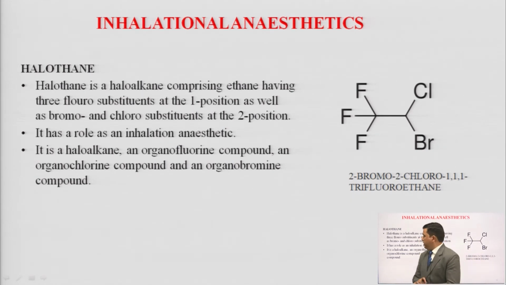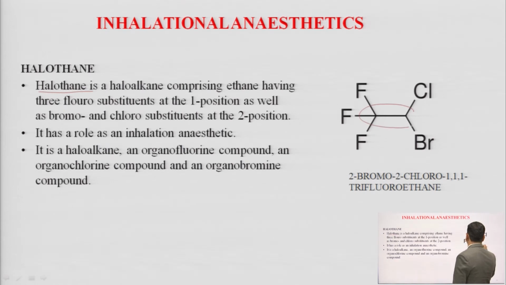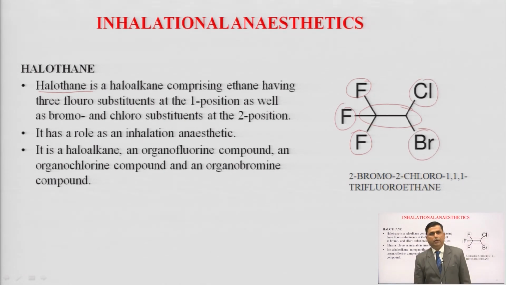Halothane, the important molecule in this category, is a haloalkane. Why are we calling it a haloalkane? Here there are 2 carbon atoms, that is ethane, an alkane of 2 carbon atoms, having 3 fluoro groups at 1 carbon atom, and the second carbon atom has 1 chlorine group and 1 bromine group.